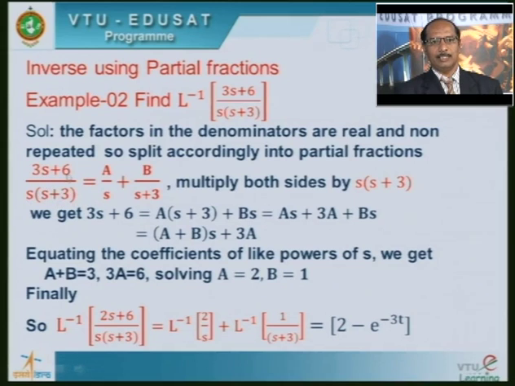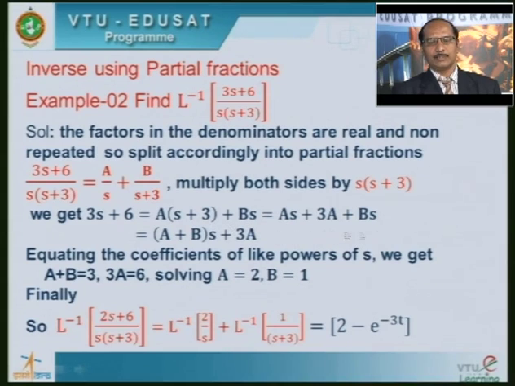The remaining is 3s plus 6 is equal to A into s into s plus 3, so that s cancels, A into s plus 3, plus B into s into s plus 3 divided by s plus 3, so s plus 3 cancels and it is B into s.